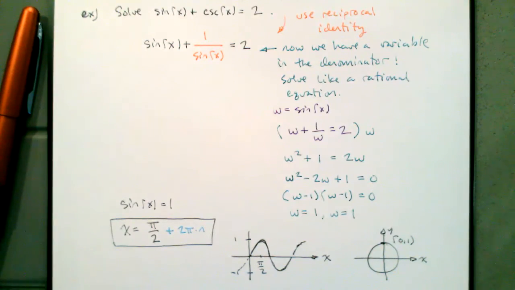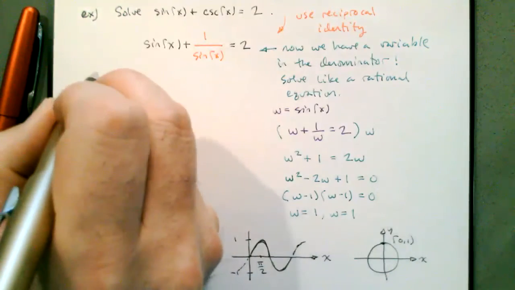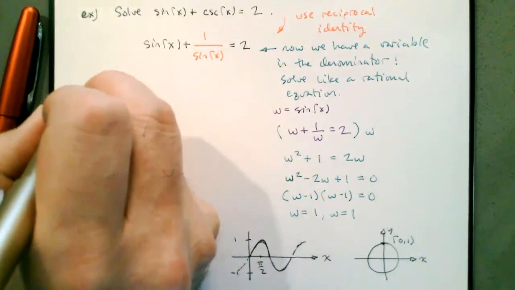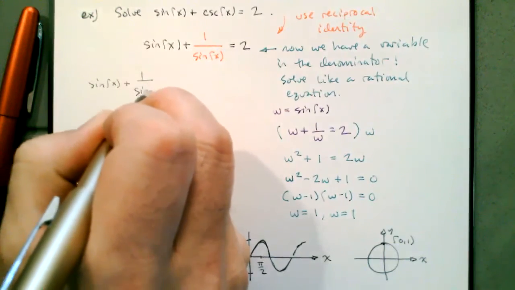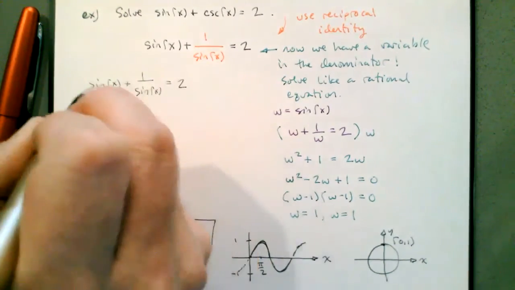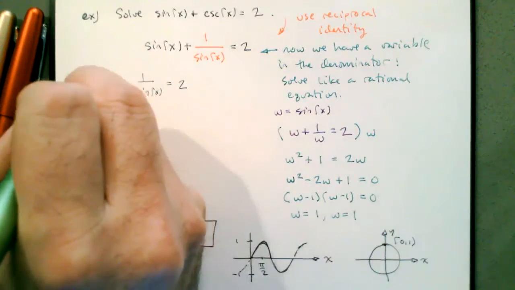So you could take this equation, sine x plus 1 over sine x is equal to 2, and multiply all of that by sine x.